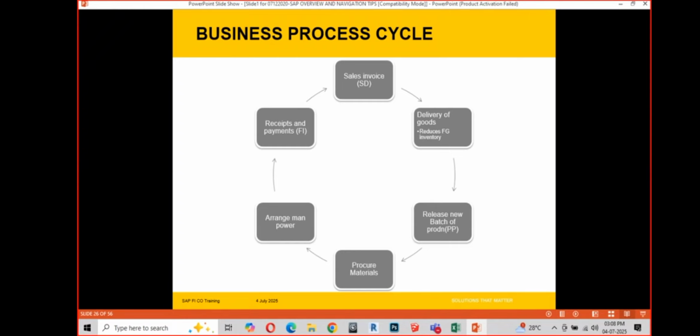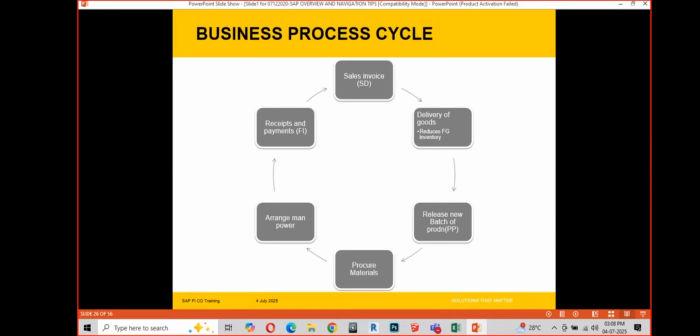SD is sales and distribution. All these are typical SAP terms, like delivery of goods. I'll explain this a little deeper when the appropriate time comes up, not to worry.